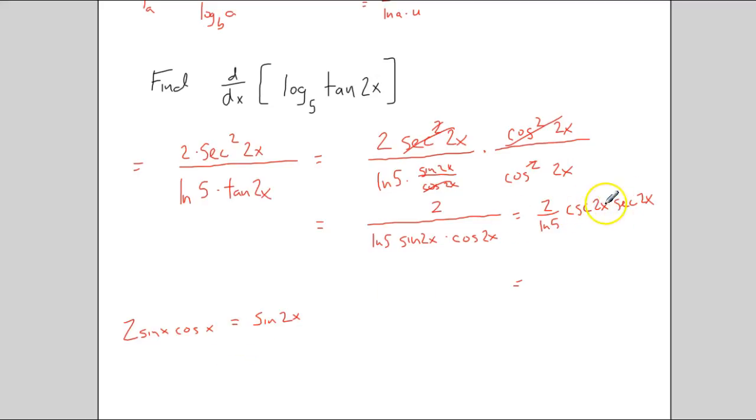It also works for the inverses of these. Right, this is the same thing as 1 over cosecant. This is the same thing as 1 over secant. And we end up with, this is the same thing as 1 over cosecant.